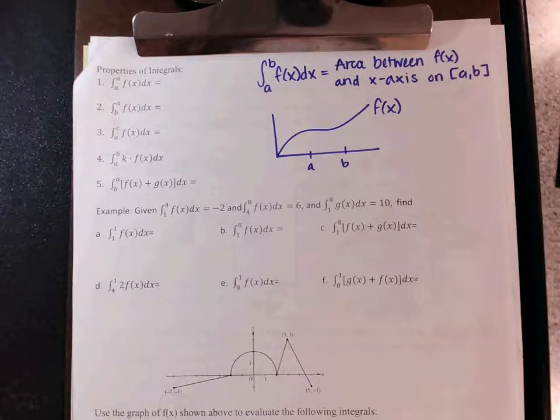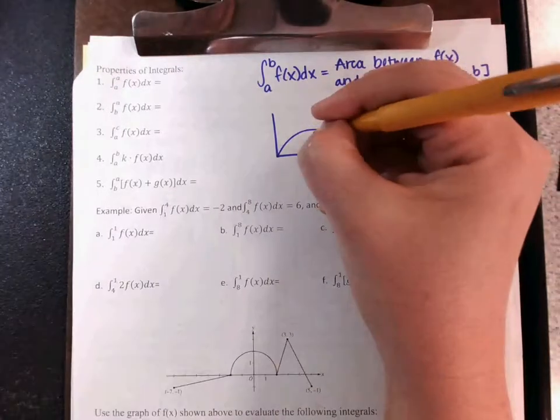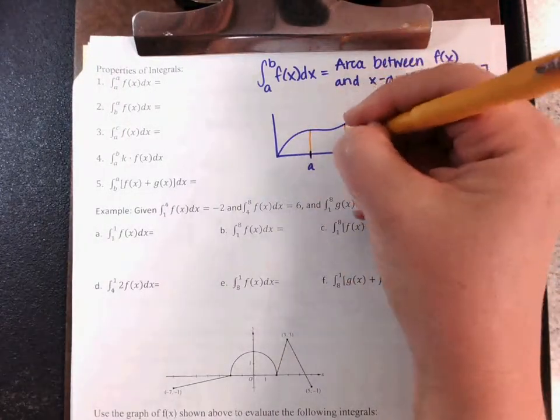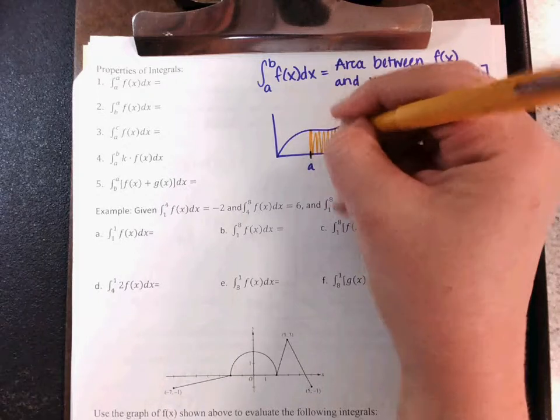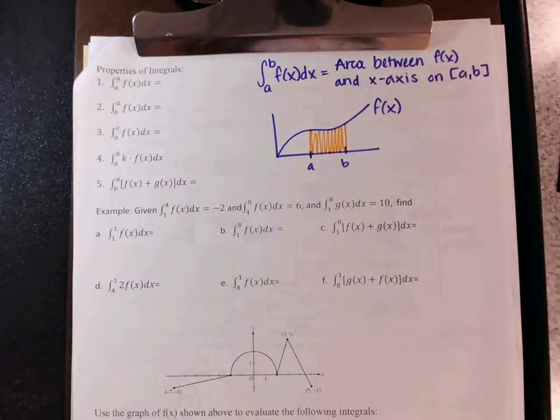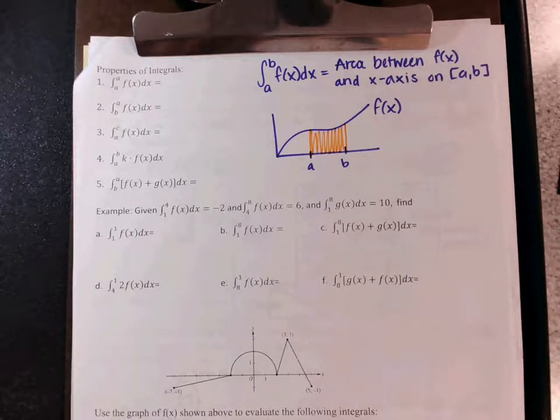If I integrate from A to B, that represents the exact amount of area in this little section of the graph. Remember that on Friday, we were only looking at things that were geometric so that you could use your geometry formulas: circles, triangles, trapezoids, etc. What we're going to look at today is properties of integrals. So I want you to think about the area thing.